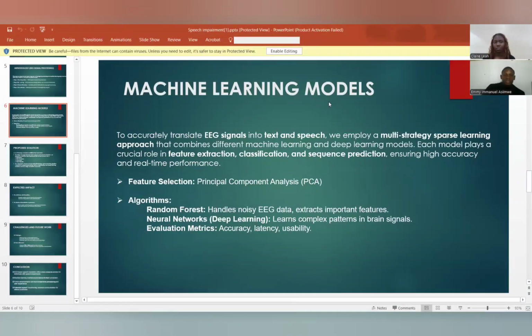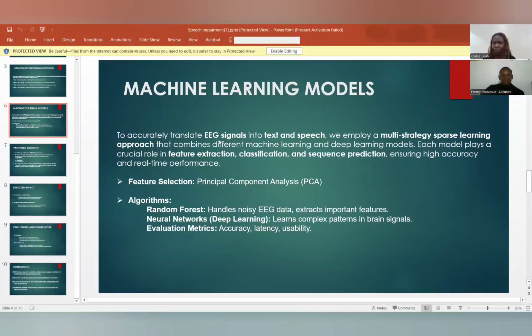Okay. This is Claire and Emmanuel, with some settings for learning models. The project we're working on is a machine learning model that would be able to convert voice signals to assist speech-impaired people.